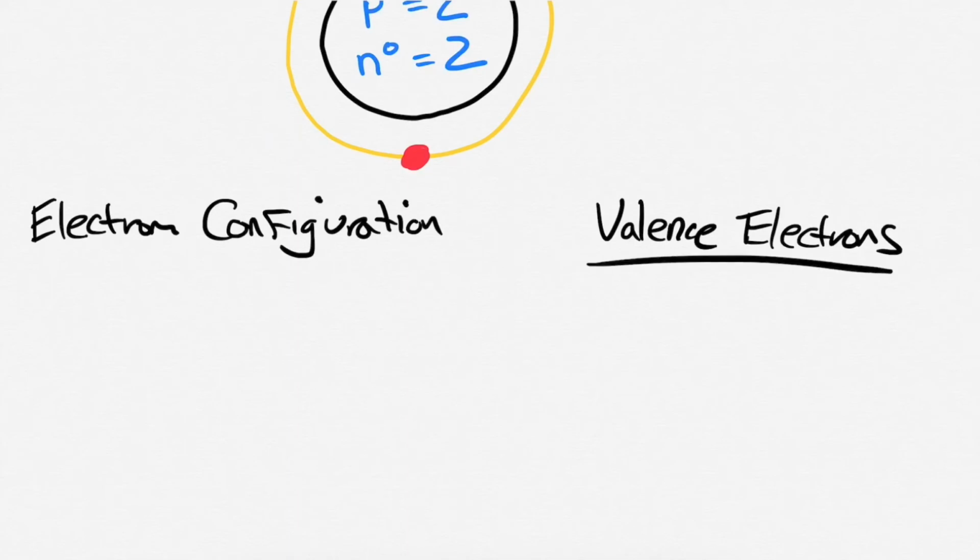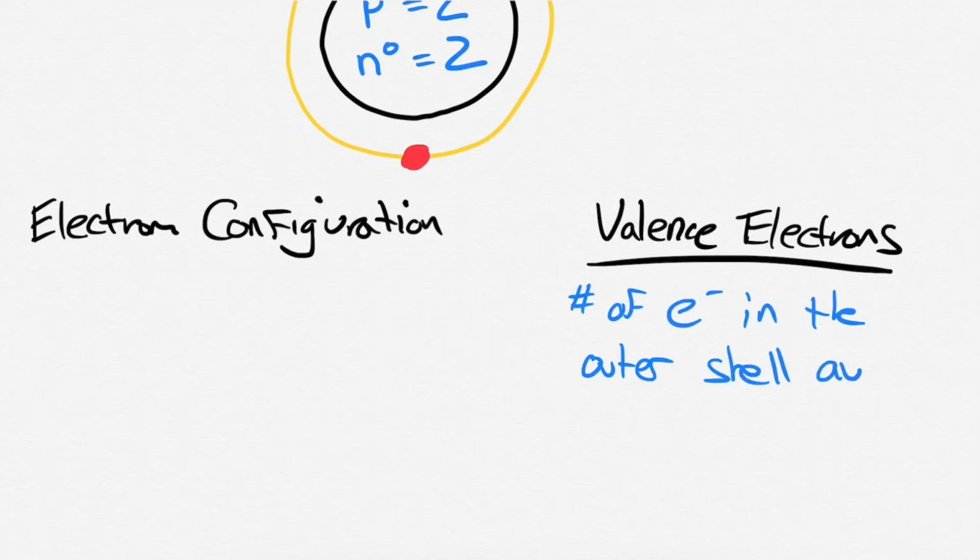Now, valence electrons is simply the number of electrons in the outer shell available to bond with.